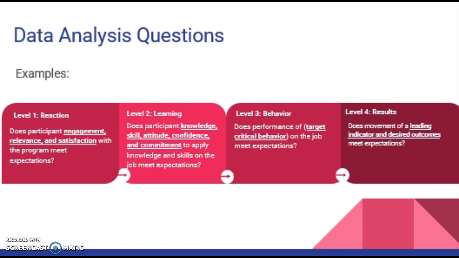Also, does the participant's attitude of performing these new skills on the job meet expectations as well? Some participants will go through training, but they're not enthusiastic about it and really are reluctant to implement the new knowledge. The attitude going into it and after the training can be very important.